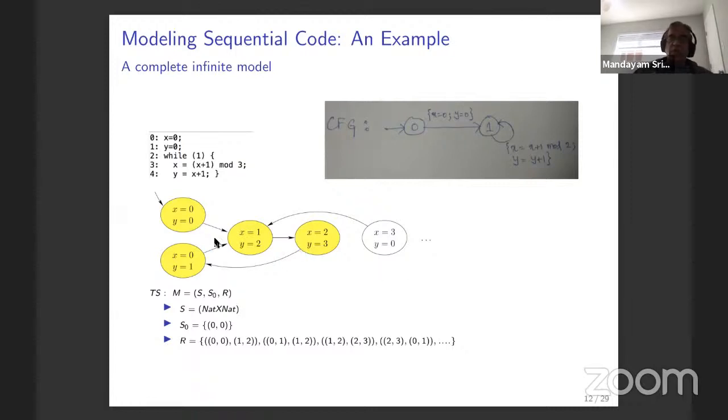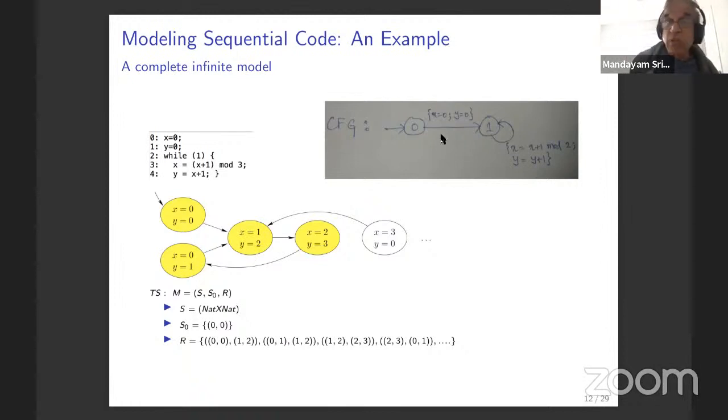Since the goal of formal verification and model checking is to analyze the dynamic behavior, that's why we have chosen these things.